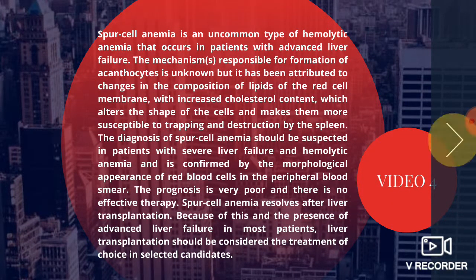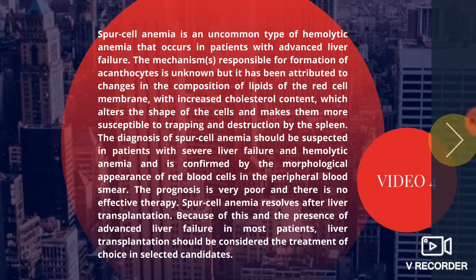The mechanism responsible for formation of acanthocytes is unknown, but it has been attributed to a change in the composition of lipids of the red cell membrane, with increased cholesterol content, which alters the shape of the cell and makes them more susceptible to trapping and destruction by the spleen.